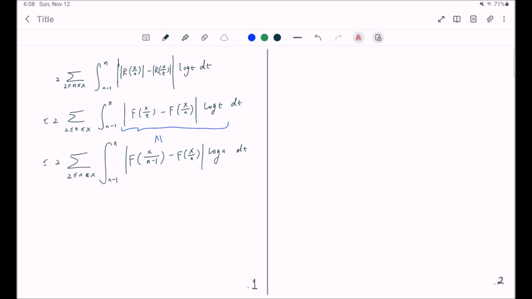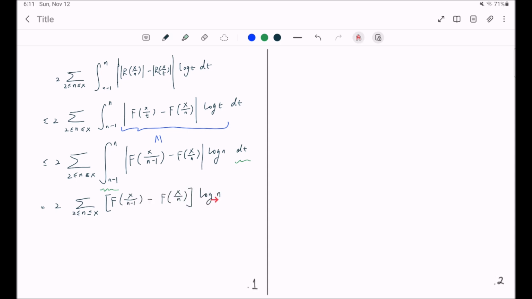It follows that this integration becomes vacuous, so we can remove the integral. And also observe by the monotonicity for f, we can also drop this absolute value sign.